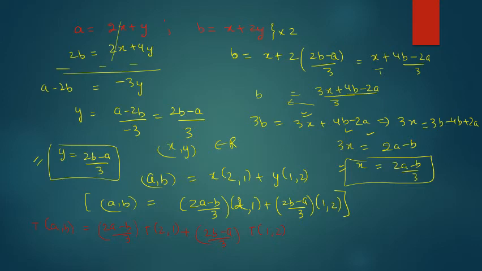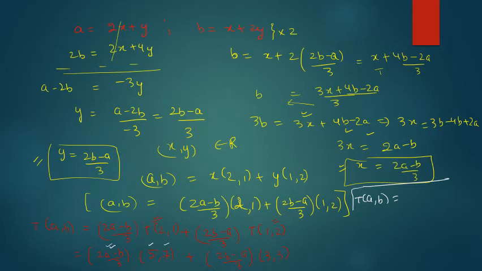Now you remember, if you go further in the question, you will see T of (2, 1). The question has provided us the value of this as (5, 7), and for T of (1, 2), the mapping is (3, 3). Now if you substitute and find the values, T of (a, b) would be, multiply this with 5 and then this with 7, right?